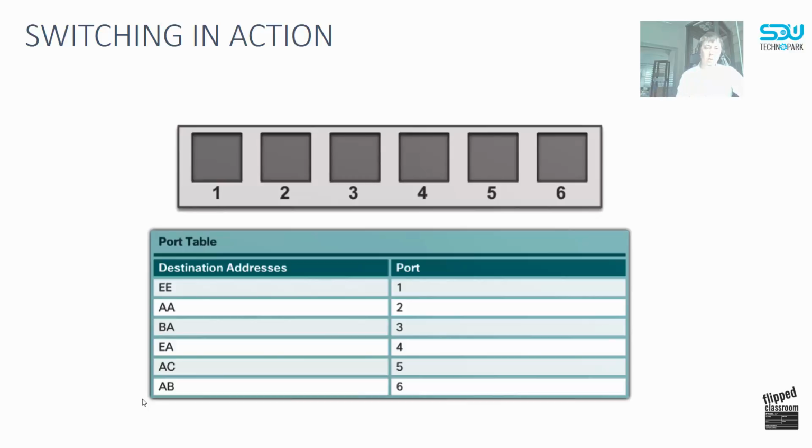So if this device were a hub and not a switch, and the frame goes, for example, to MAC address AB, it would just be broadcast to all other ports.